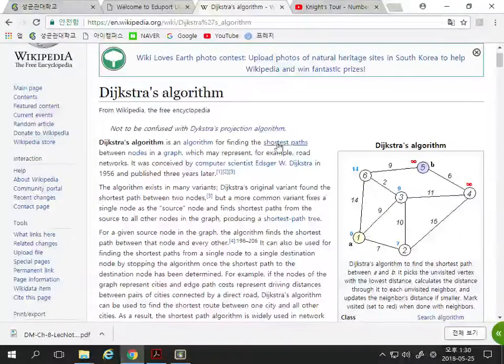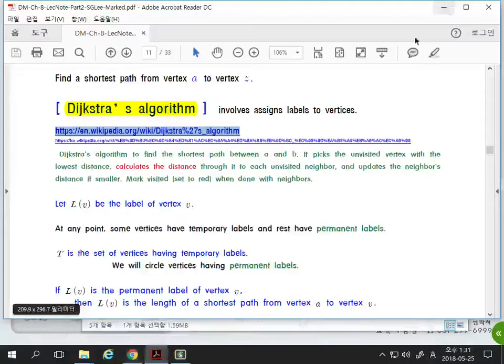It starts from vertex A and is going to end at the final vertex. It finds the best possible next move, then changes the color of the vertex to red, and then finds the next permanent label for the vertex, until it ends at the final vertex, like this. And this is the algorithm.